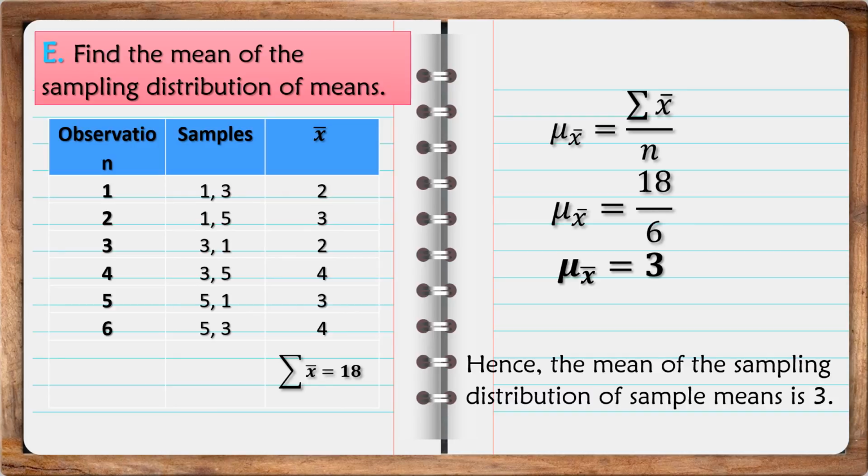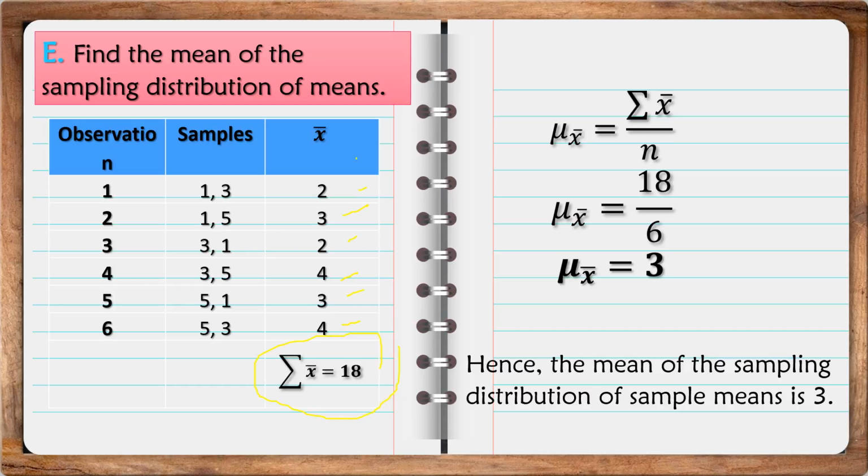Find the mean of the sampling distribution of means. As what we have here, the summation of the means is 18, because if we add 2 plus 3 plus 2 plus 4 plus 3 plus 4, that is 18. How can we get these 2, 3, 2, 4?